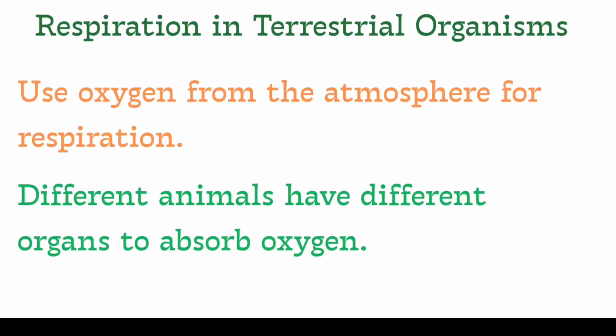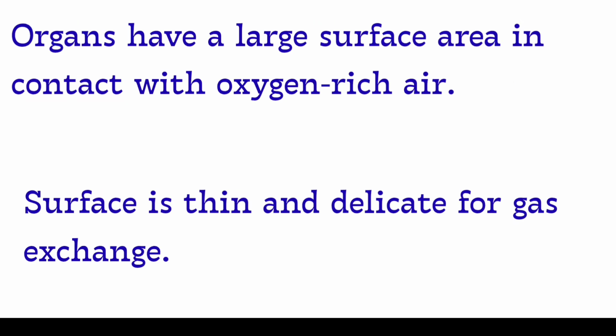Terrestrial organisms take in oxygen present in the air around them for respiration. Different animals have different organs to absorb this oxygen, and these organs are designed with a special feature, that is, their surface area is made as large as possible so that more oxygen can come in contact with them.